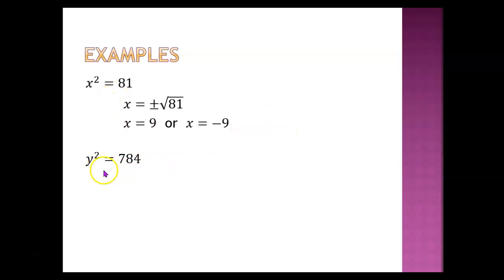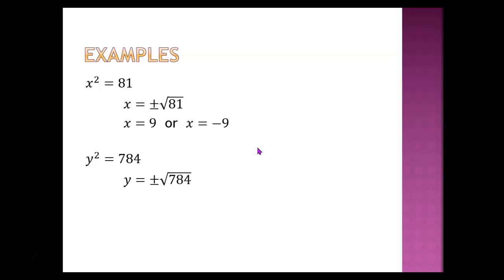How about this? y squared equals 784. It doesn't really matter that the variable is y instead of x. It still works the same way. So when we have y squared equal to this number 784, that means y is plus or minus the square root of 784.